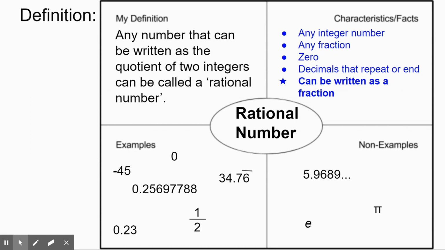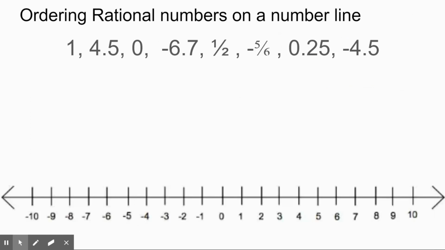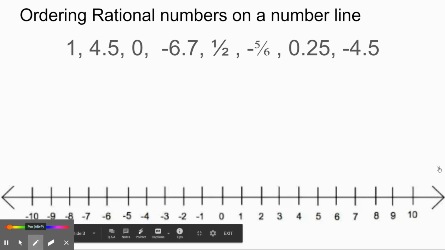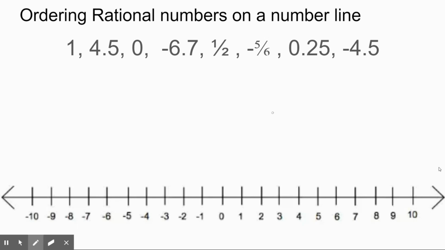So in terms of ordering rational numbers on a number line, let's start with the ones that we definitely know how to do. So we're going to start off with the integers, since we worked on those in the last video. If we need to figure out where our first number is, well, that's just a 1, so we're going to put it right here at 1.